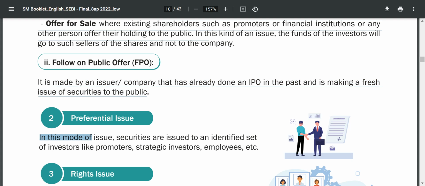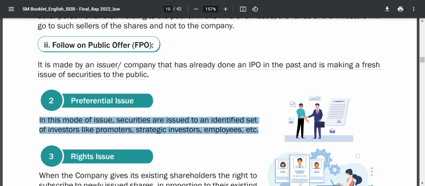In this mode of issue, securities are issued to an identified set of investors like promoters, strategic investors, employees, etc.